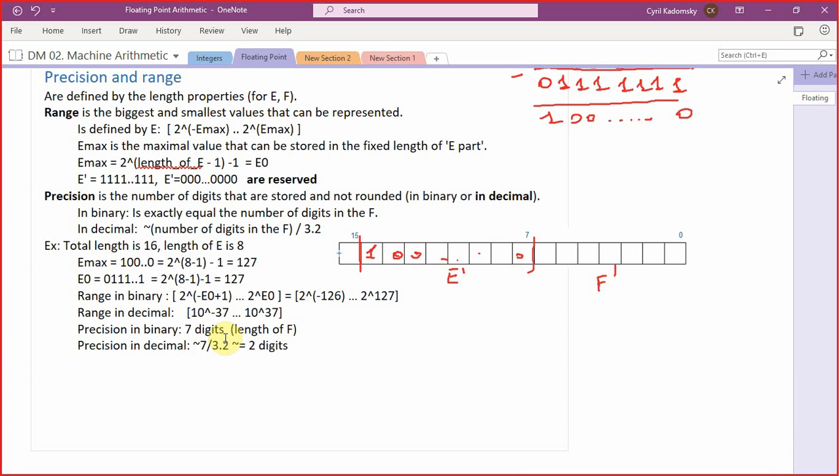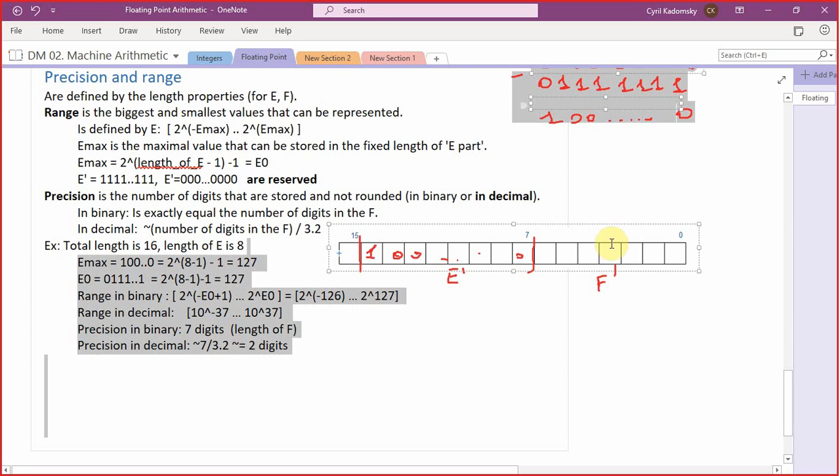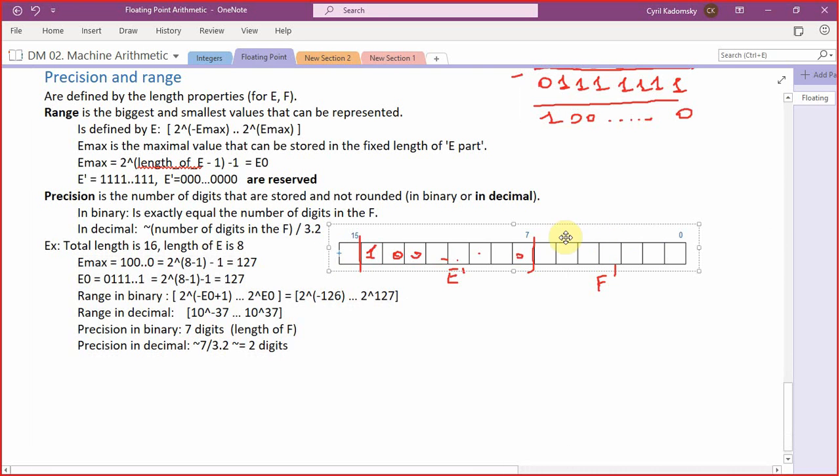So what is the implication of that? Although such a format can represent very big and very small numbers, in those numbers only the first 2 decimal digits are meaningful. For example, in this number, a billion and 1.